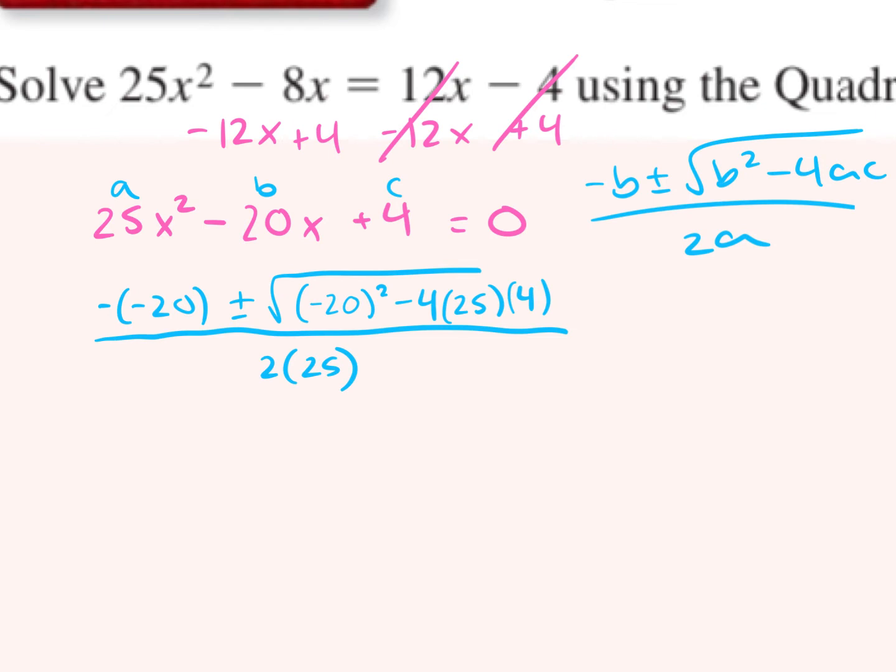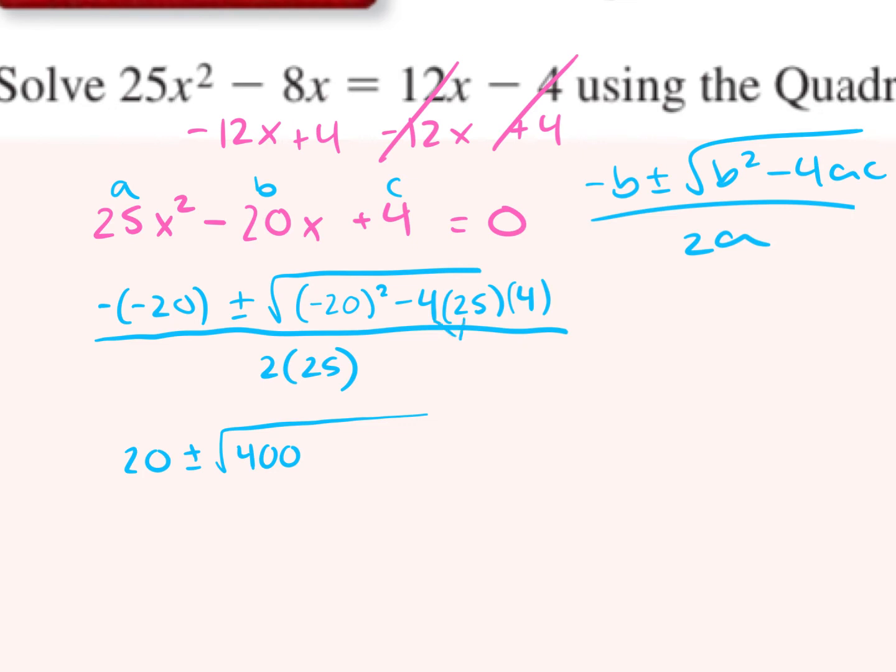I can do the 20 squared, but I also, what is negative 20? Positive 20. What's negative 20 squared? 400, awesome. And then here I have negative 4 times 25 times 4.